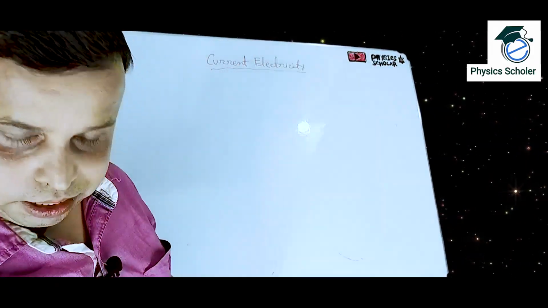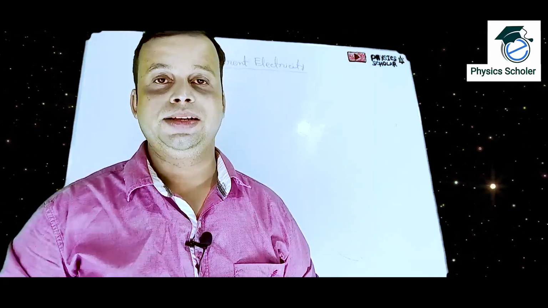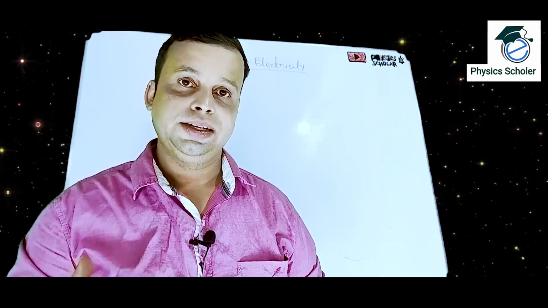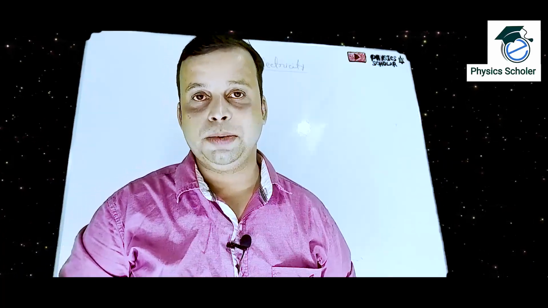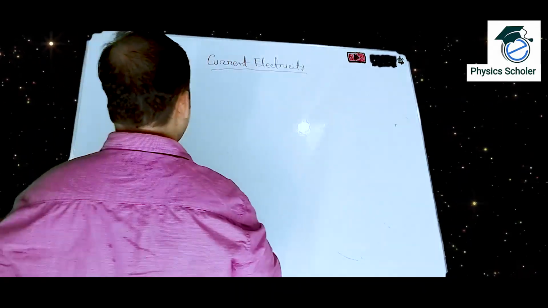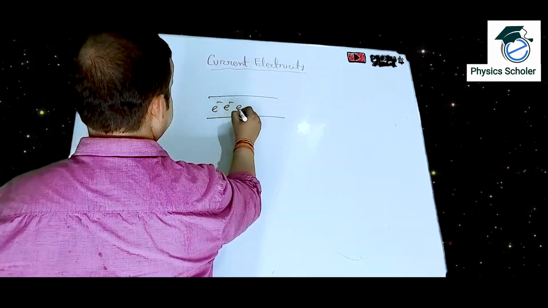If any electric current flows through any electrical instruments, then heat will be generated. This is known as the heating effect of electric current. Why will the heat be generated? What is the reason behind it? What we know is that in a conductor, free electrons are there.